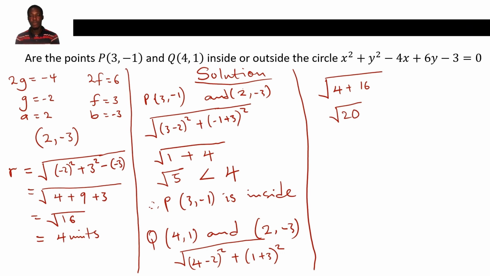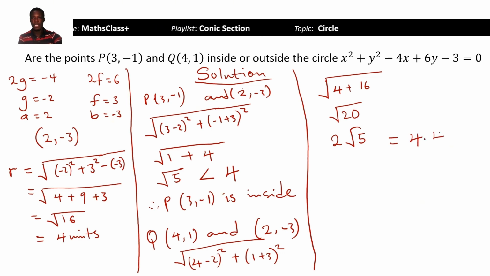The square root of 20 means we will have 2 root 5. This is equal to 4.47, which can be seen as 4.5.